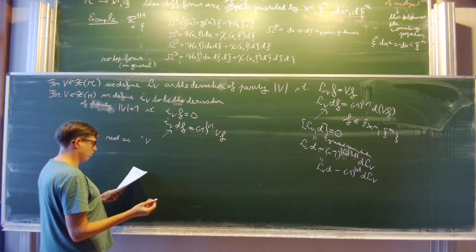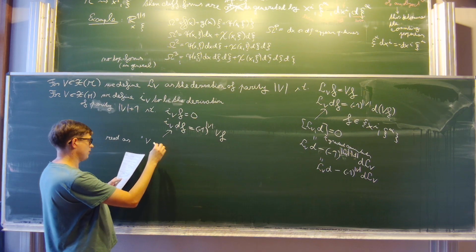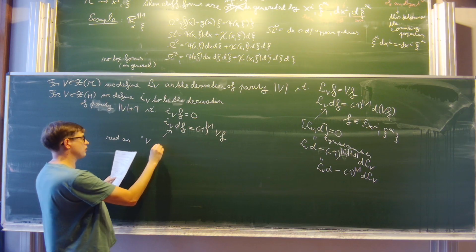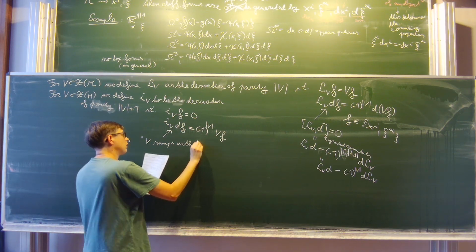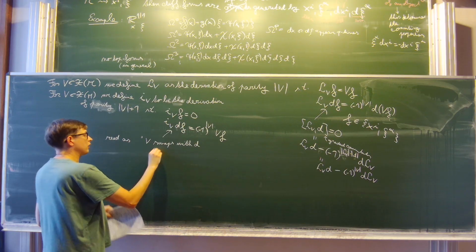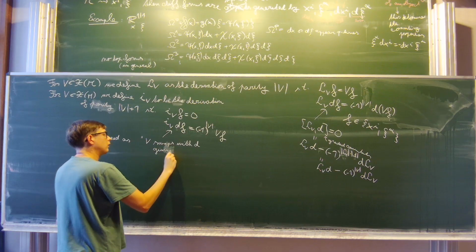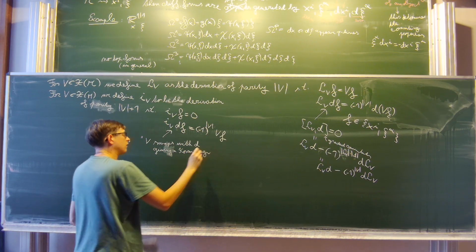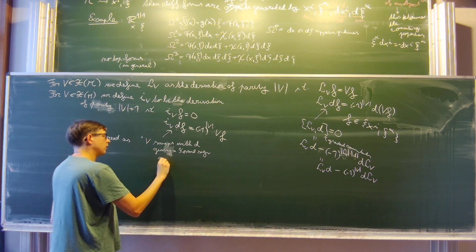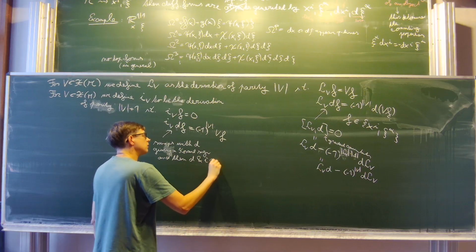It's a constant thing to do, and I believe it makes some calculations and formulas easier. So V swaps with d, given the Koszul sign, and d and I cancel.